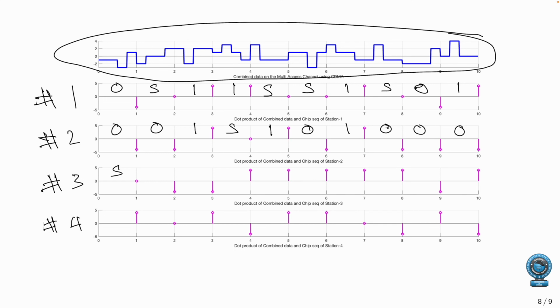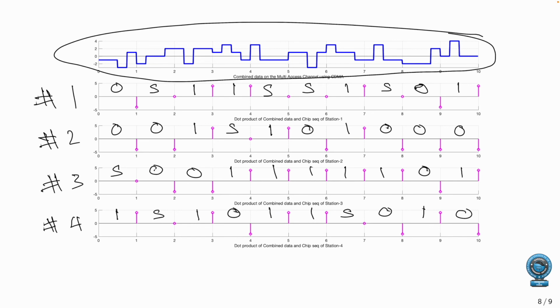Then this remained silent, he sent a 0, 0, 1, 1, 1, 1, 1, then 0, then 1. And here again 1, silent, 1, 0, 1, 1, silent, 0, 1, and then 0.